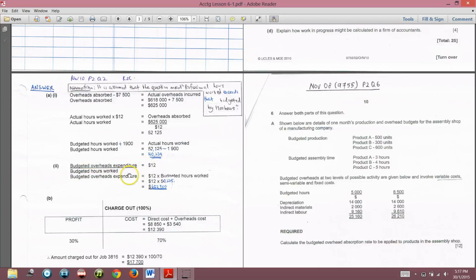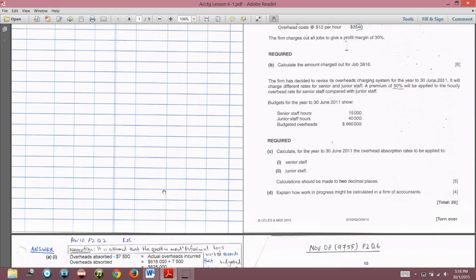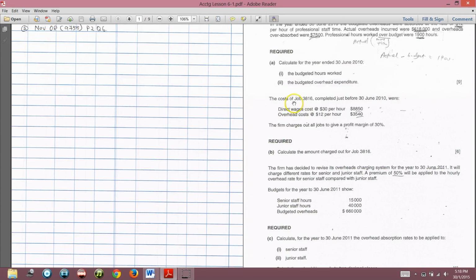Budgeted overhead expenditure equals 12 times the budgeted hours worked, 50225, which equals $602,700. Okay, part B of the question. This information is for part B.